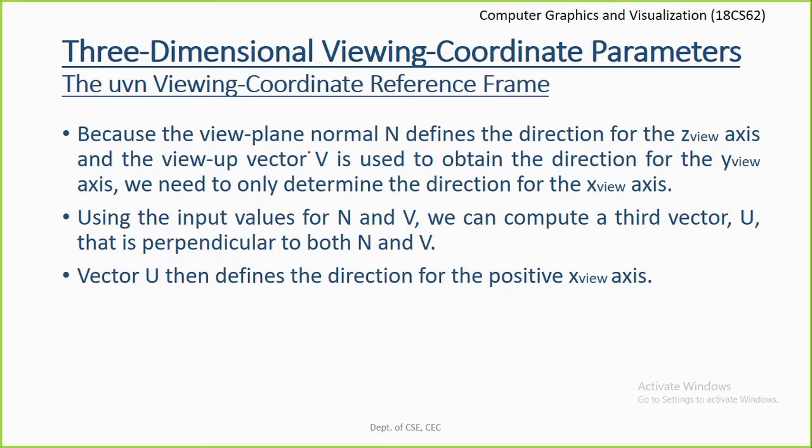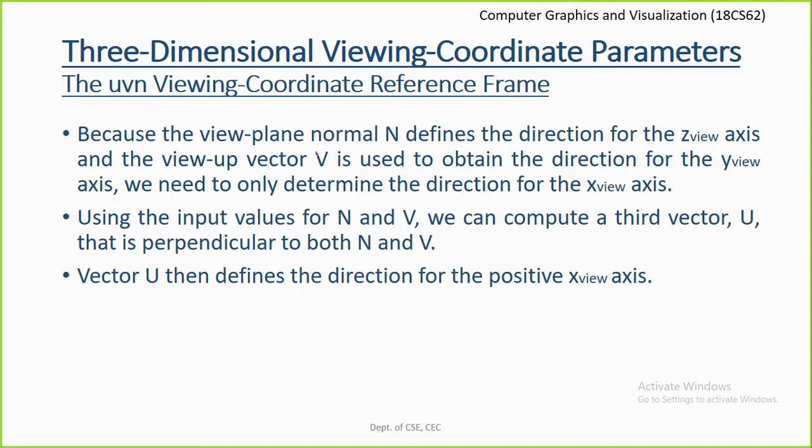Since the view plane normal vector n defines the direction for the z view axis, and the view up vector v is used to obtain the direction for the y view axis, there is one thing that we need to determine, that is the direction for the x view axis. So what should be the direction for the x axis of the viewing coordinates? We have already got the z axis by looking into the direction of the view plane normal vector n.